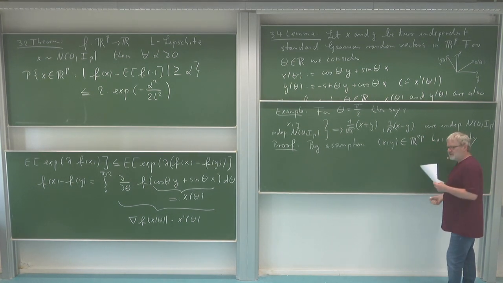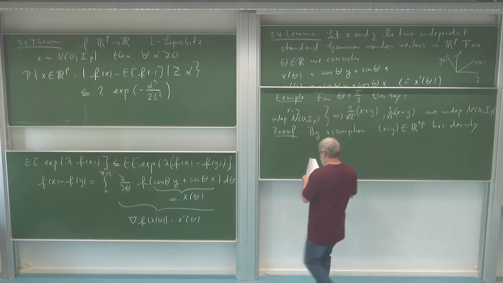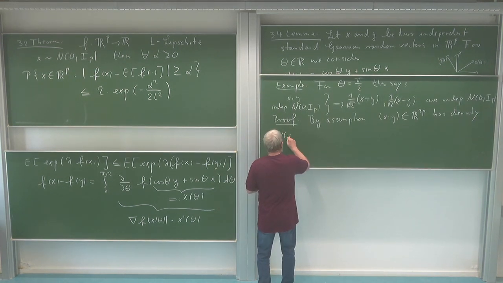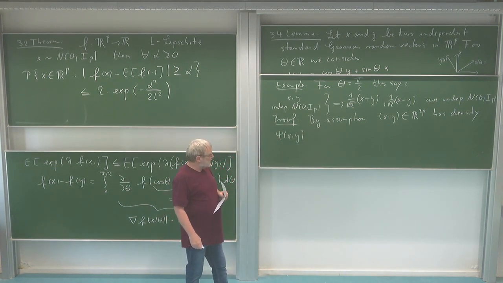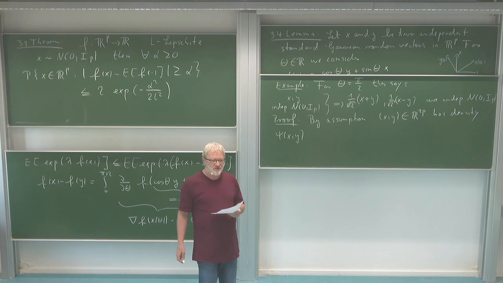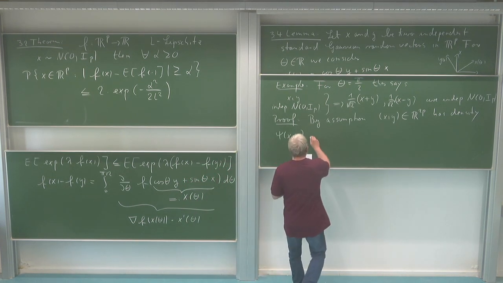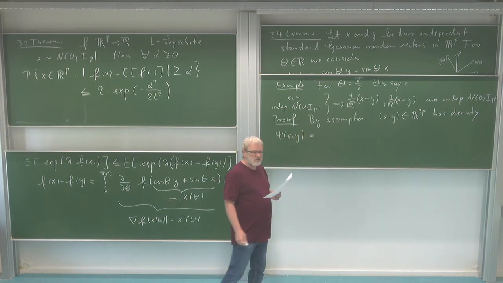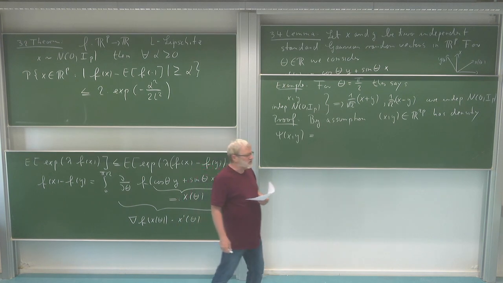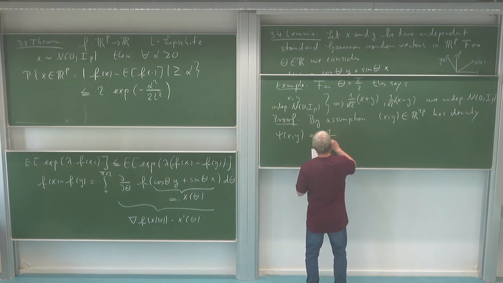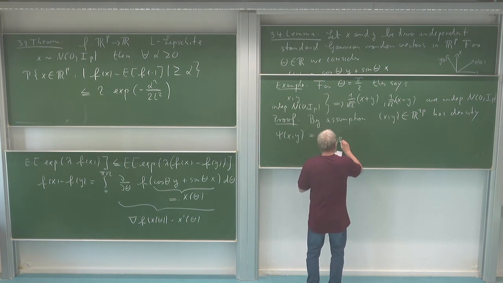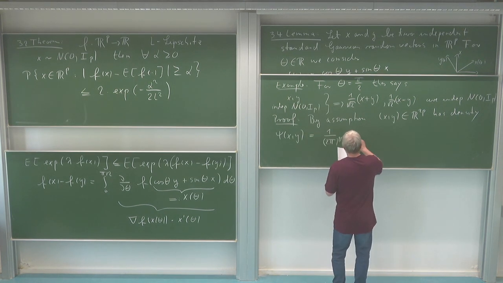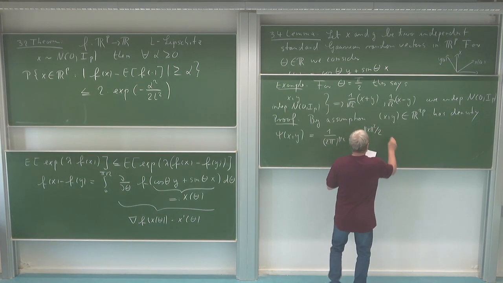And this is of course again a Gaussian vector, namely, this has a density, psi of (x, y). What is the density of this guy? Because x and y are independent, it's a product of the densities for x and for y, and each of them is a standard Gaussian random vector, so we know the density is given by 1 over (2 pi) to the p over 2 for the x, times e to the minus the length of x squared divided by 2.